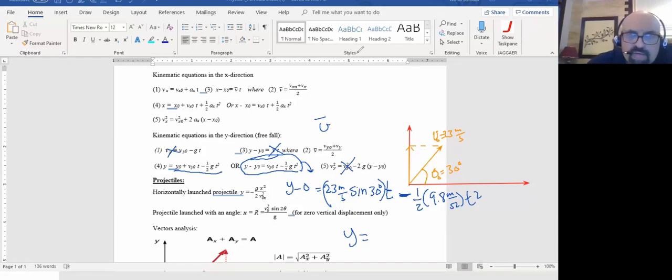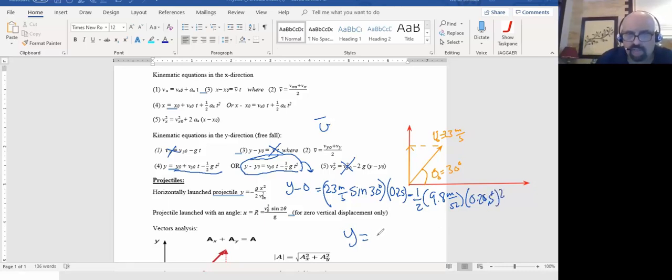We found it in the previous part, which came out to be 0.20 seconds. So we don't need to write it as t. We can replace it with its value. So this is times 0.2 seconds minus 1/2 times 0.2 seconds squared.